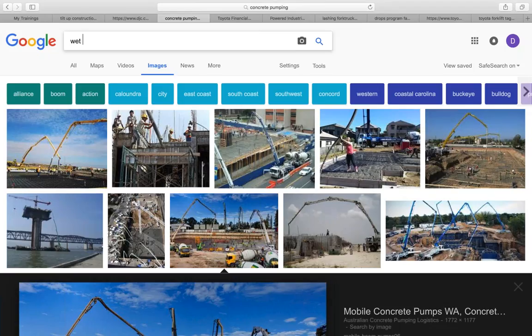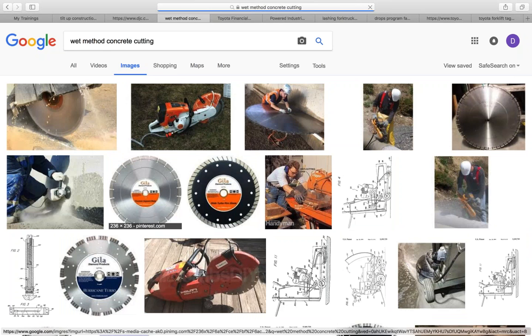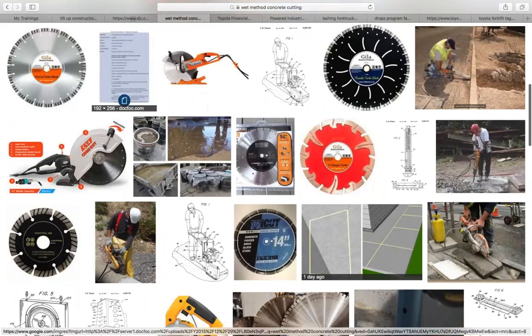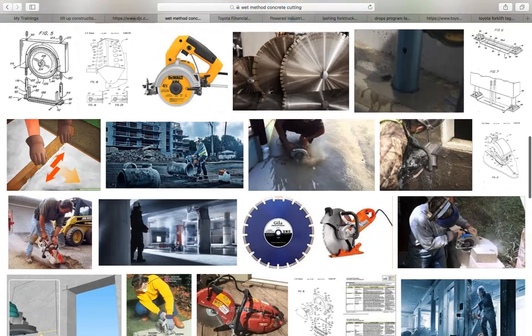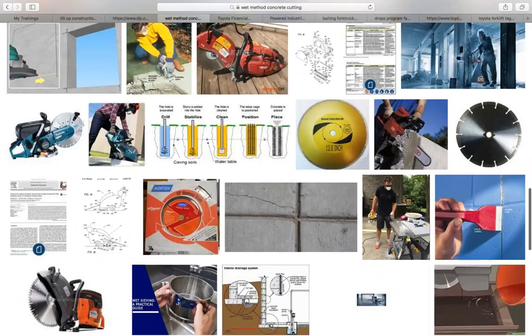So let's see, wet method cutting. This is what we're talking about, folks. Let me go to brick and block, right? It could be they're using a regular table saw there. That's kind of crazy.